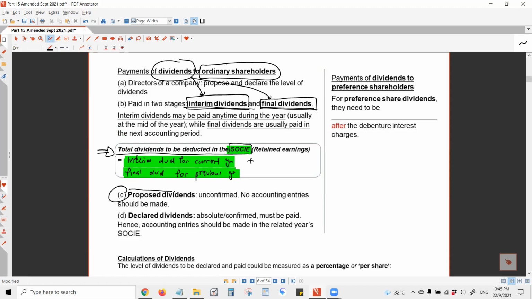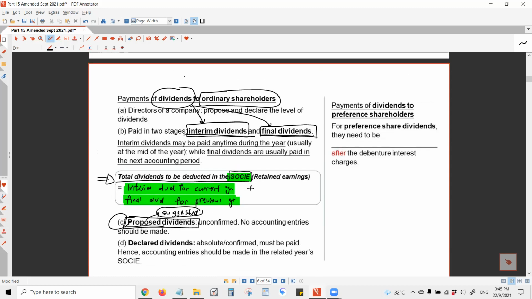And this term is important: proposed dividends. Whenever you see the term proposed dividends, ignore that. Don't include that in your answer. Proposed means suggested. Remember, who makes the decision as to how much dividends are paid to the ordinary shareholders? It is the directors. Directors are the people who would sit down together to discuss how much dividends to be paid.